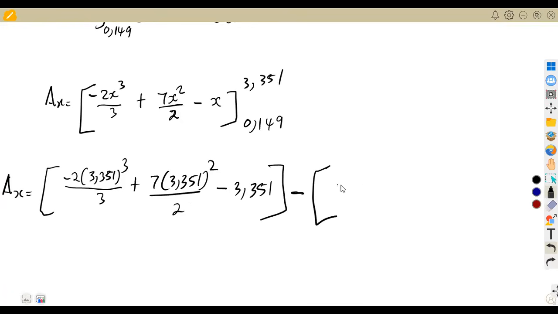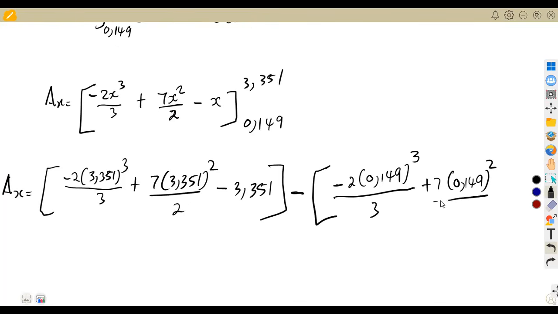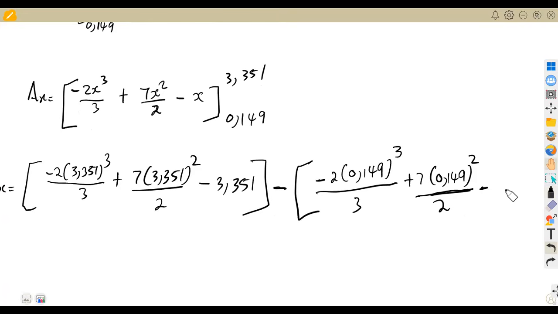So it's going to be negative 2 into x, which is 0,149 cubed over 3, plus 7 into our x, which is 0,149 squared, everything over 2, minus x, and the x there is 0,149. So that's what you're going to have on your simplification.